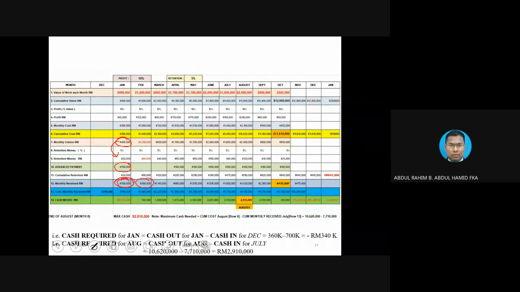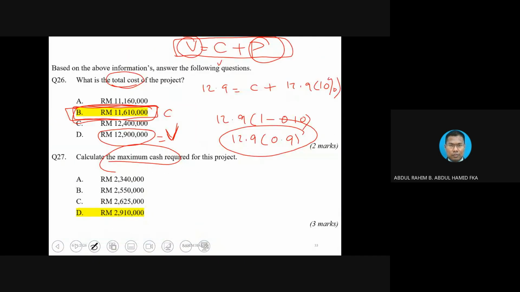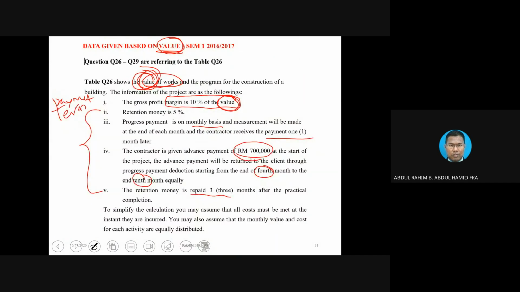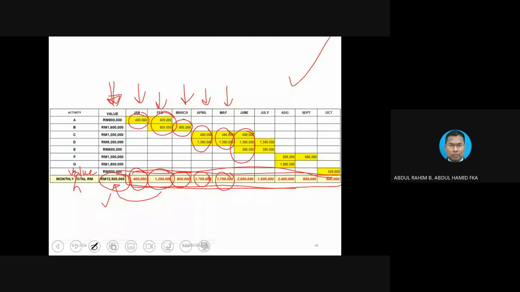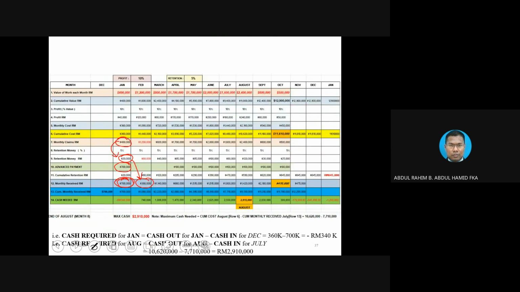So that's why 400,000 deducted by 20,000, then only we get 380. So that is how the calculation basically goes. Okay, simple, based on the information given. Here, each claim will be paid 1 month later. So that's why 380, supposedly, the value of our work is 400,000, equivalent to the value that we already calculated at the beginning of the project.